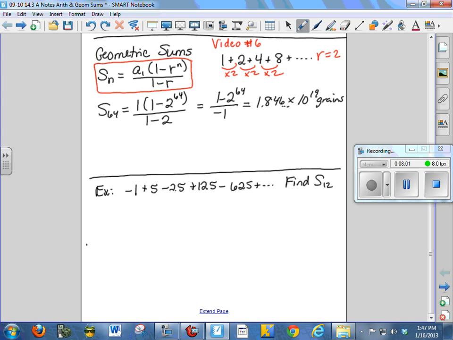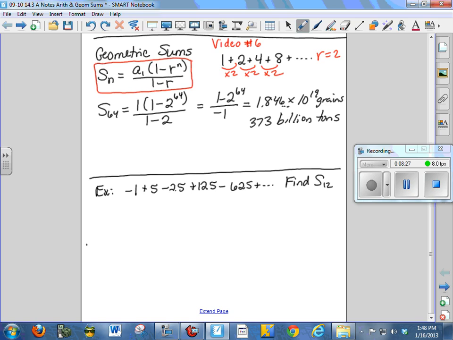And I just kept playing with this number till I got my result. And it turns out that this is 373 billion tons of rice, which is a huge amount of rice.